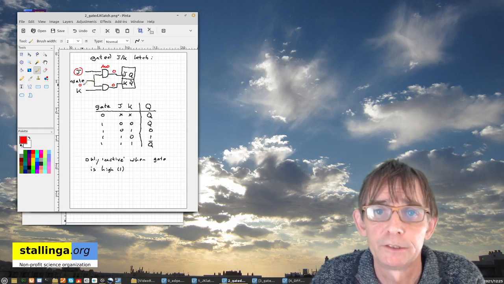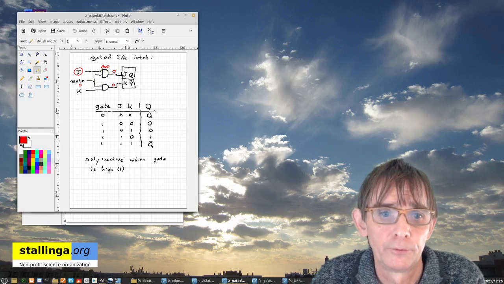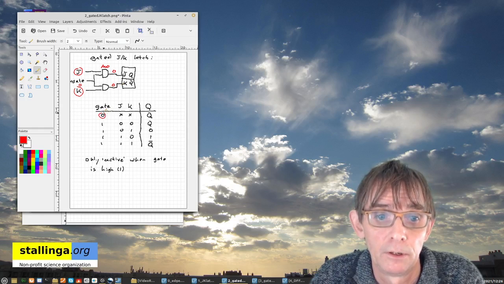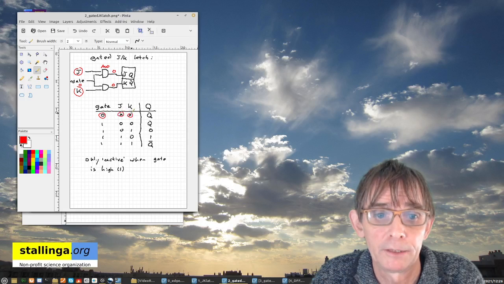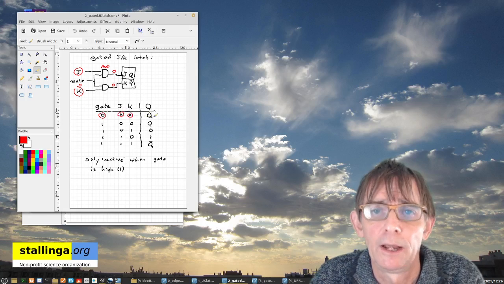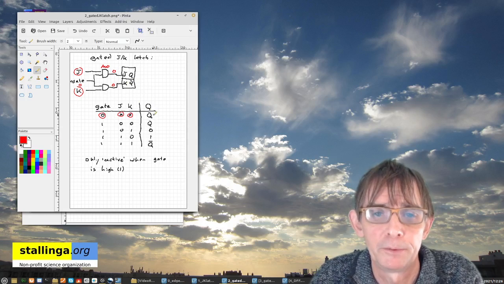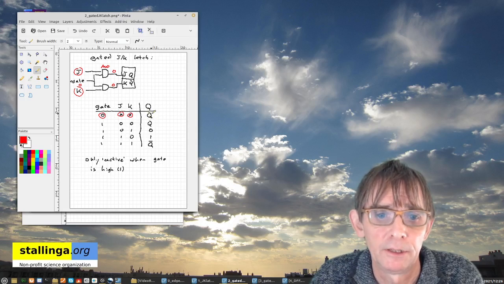This gate simply blocks the J and K signals through these AND gates, they don't arrive at the JK latch. So if the gate is 0, whatever JK is doesn't matter because it's disabled. It is as if 0, 0 arrives, and we know from the previous slide that this means Q remains at the state Q.